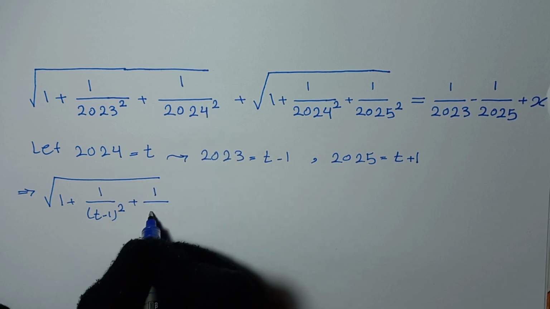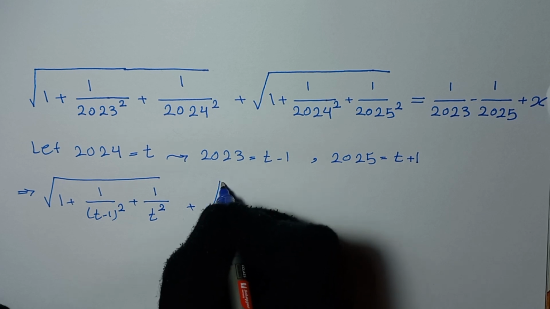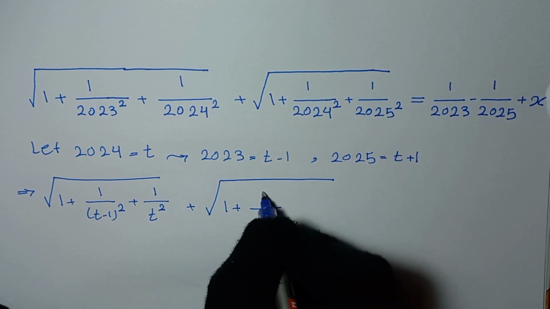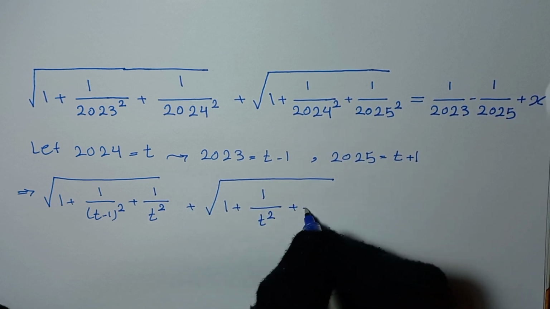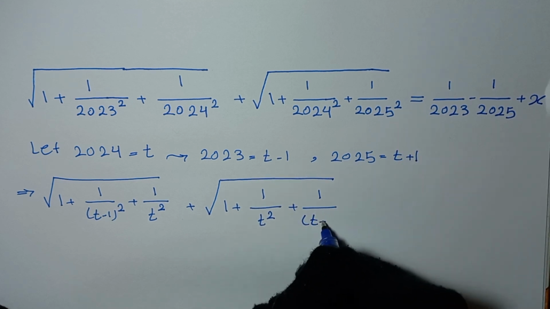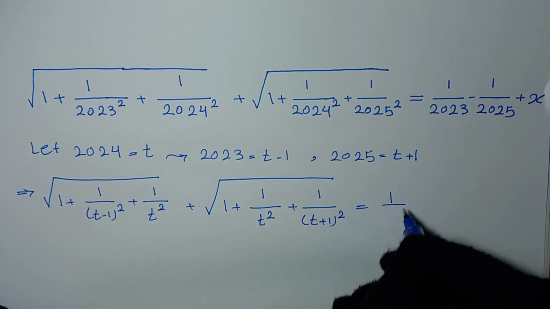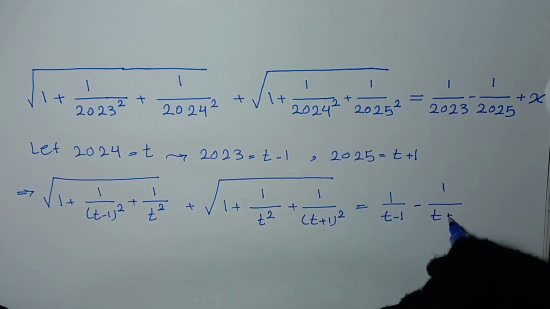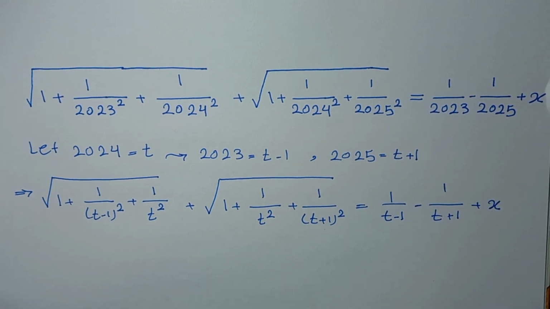It will be t to power of 2, and plus square root of 1 plus 1 over t square and plus 1 over t plus 1 to power of 2 is equal to 1 over t minus 1 minus 1 over t plus 1 plus x.